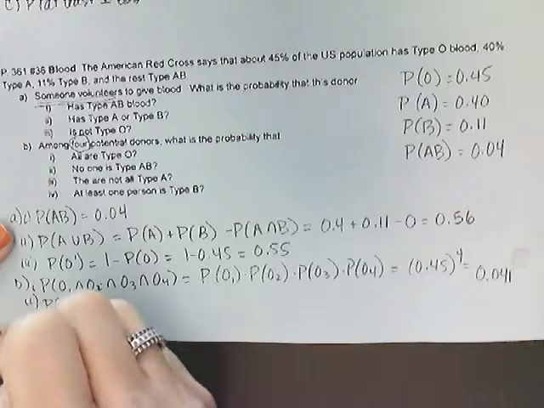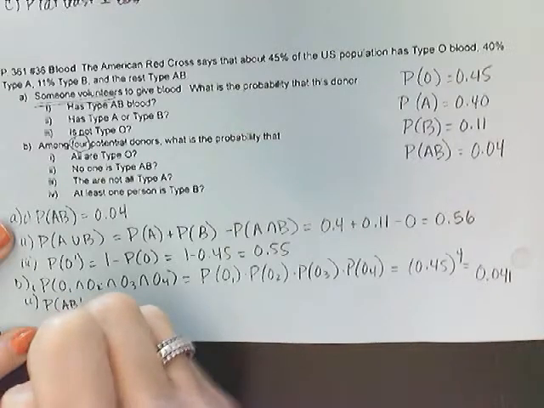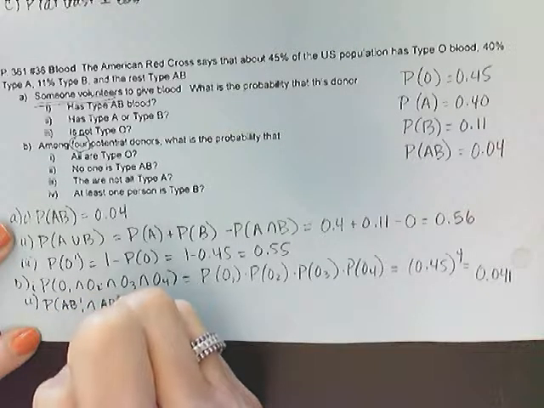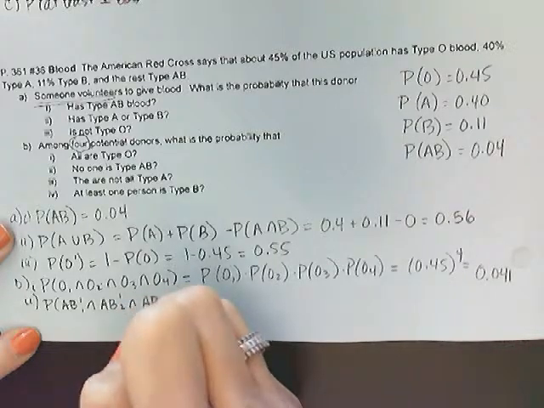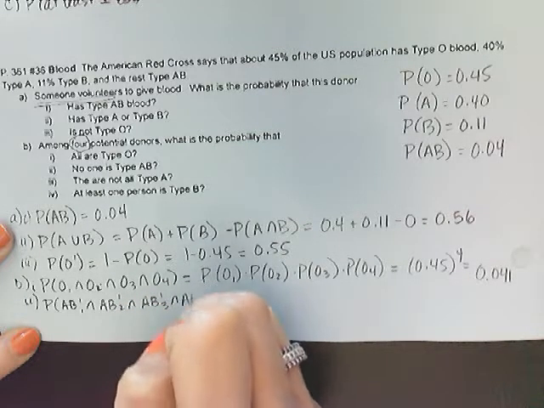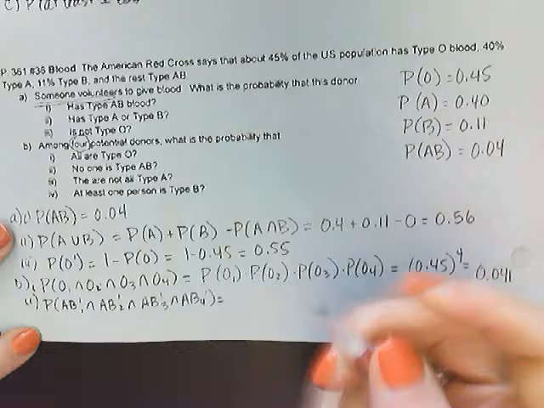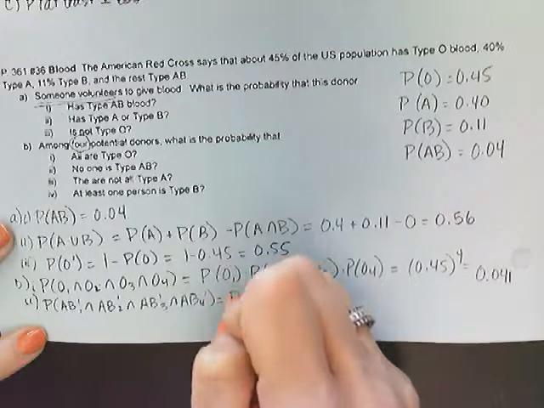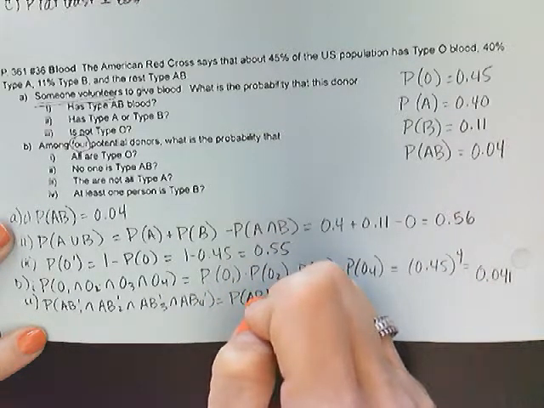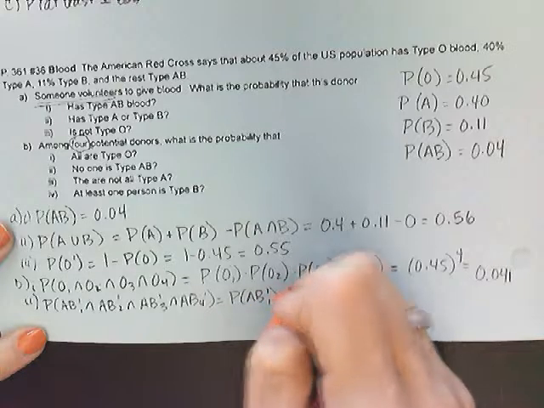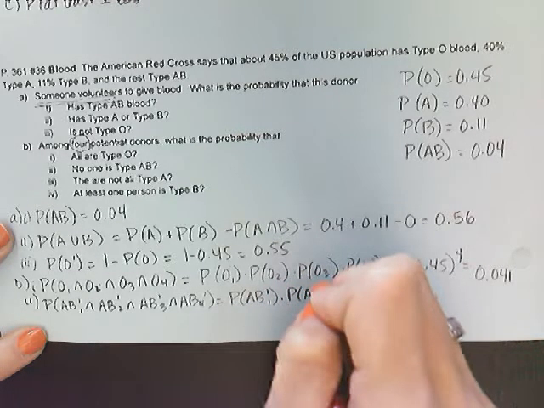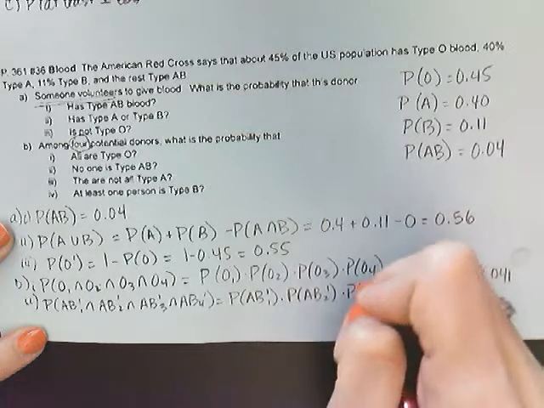So this is the probability of AB not 1 and AB not 2 and AB not 3 and AB not 4, which is probability of AB not 1 times probability of AB not 2, etc.